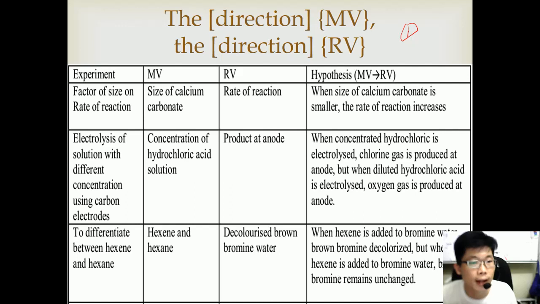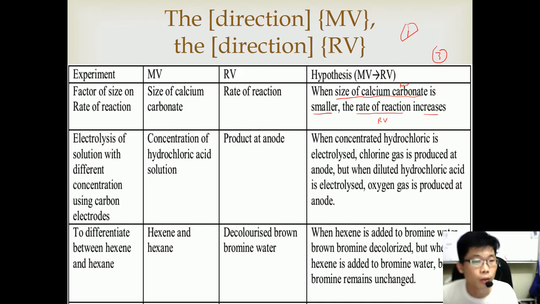So when the size of the calcium carbonate is smaller, the rate of reaction increases or is higher. Okay, so size is the MV, smaller is the direction, rate of reaction is the RV, increase is the direction. So we can use method number one to write the correct hypothesis of 3 marks.